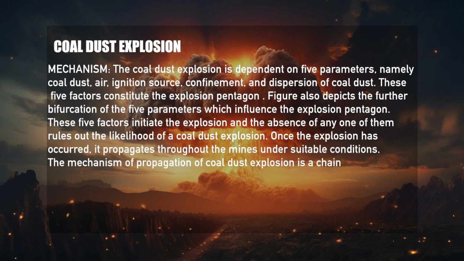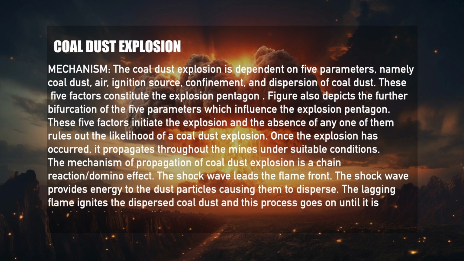The coal dust explosion is dependent on 5 parameters, namely coal dust, air, ignition source, confinement and dispersion of coal dust. These 5 factors constitute the explosion pentagon. The figure also depicts the further bifurcation of the 5 parameters which influence the explosion pentagon.